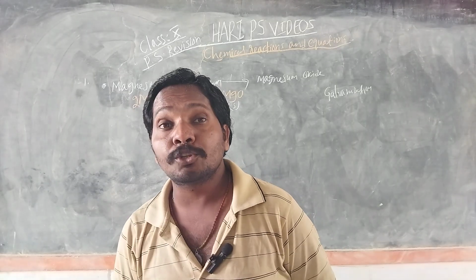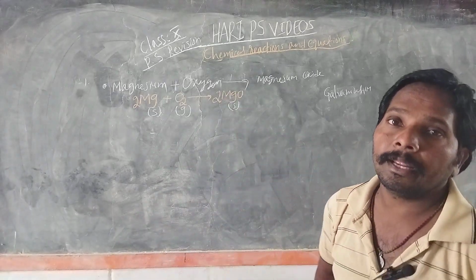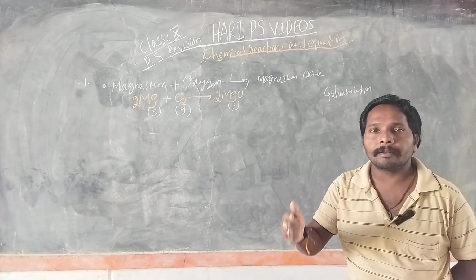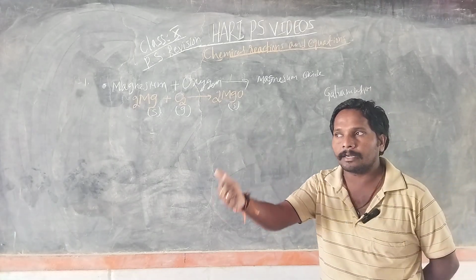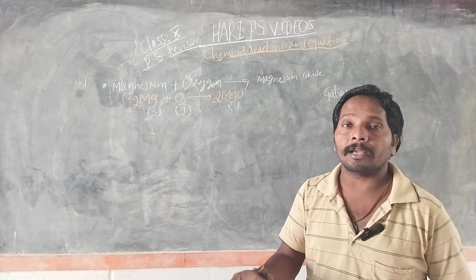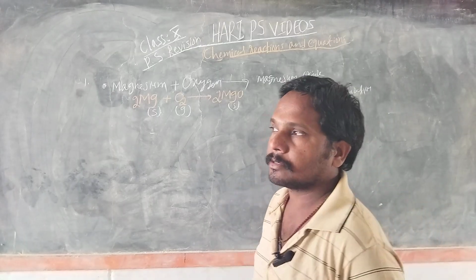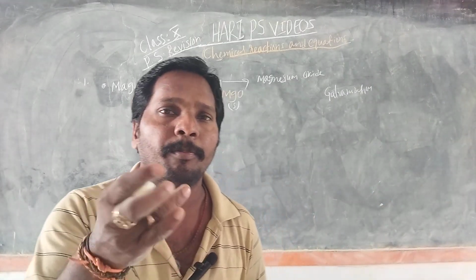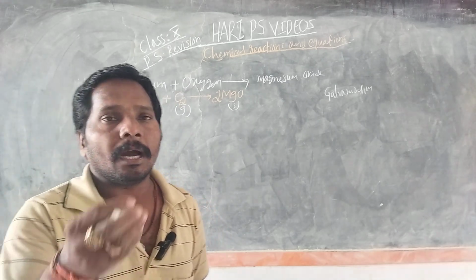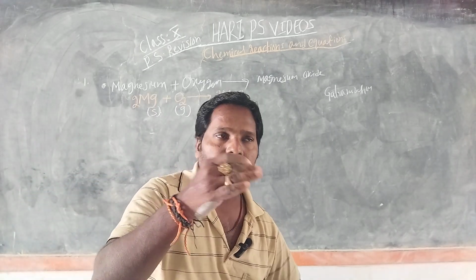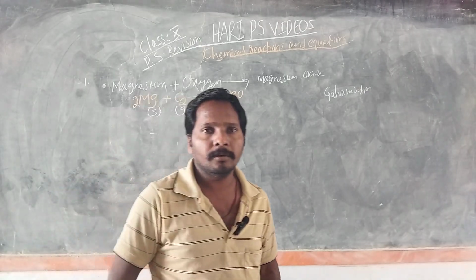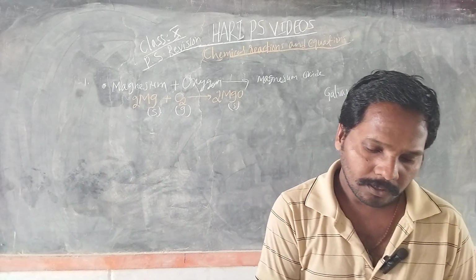Another one is electroplating. Electroplating is coating of the desired metal over another metal by the process of electrolysis. So by applying oil, grease, paint, by galvanization, by electroplating. Why do we prevent corrosion?